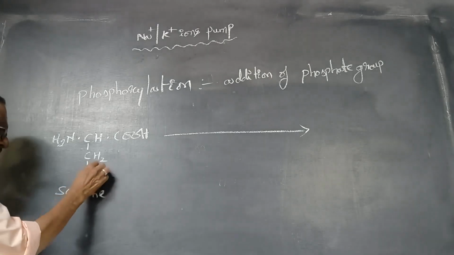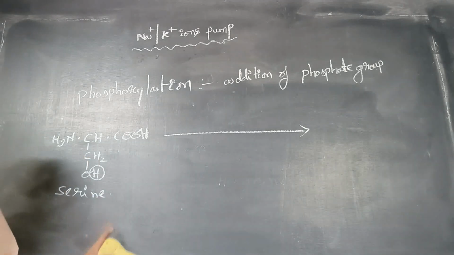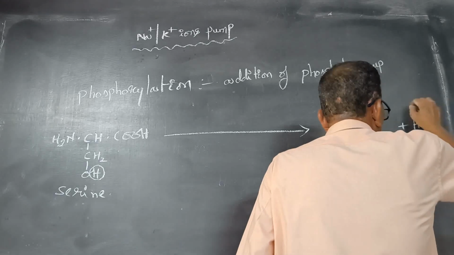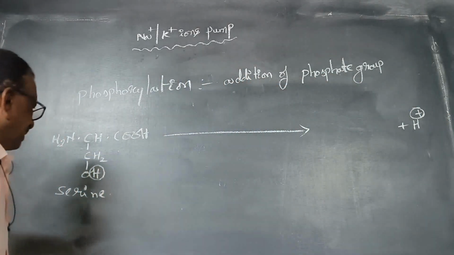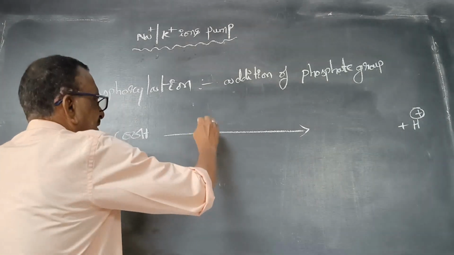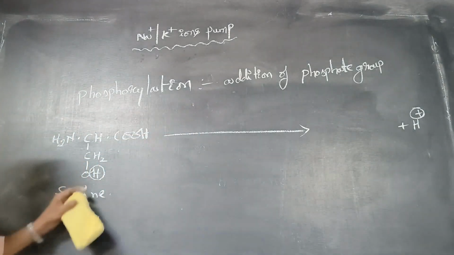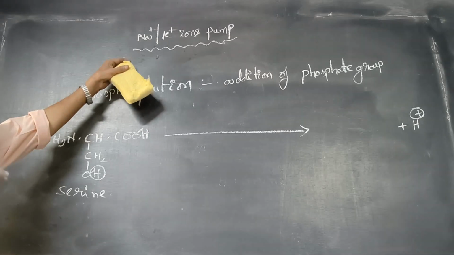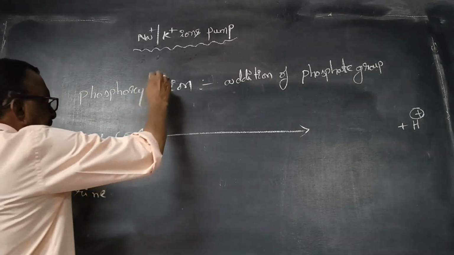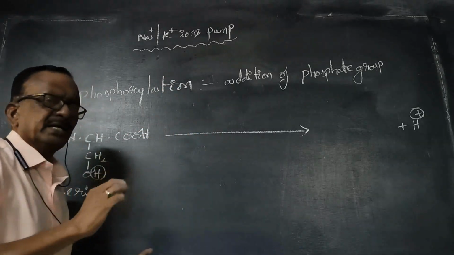Now, this H is removed. As a result, here I will write H positive. Now, O will become minus. This is an active transport phenomenon, and active transport phenomenon means it requires energy.